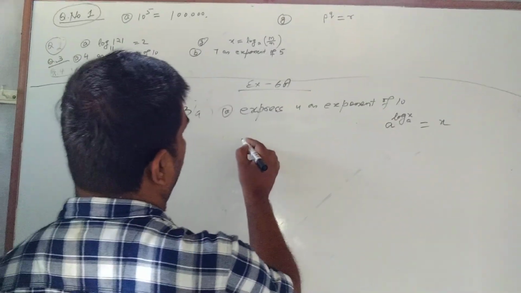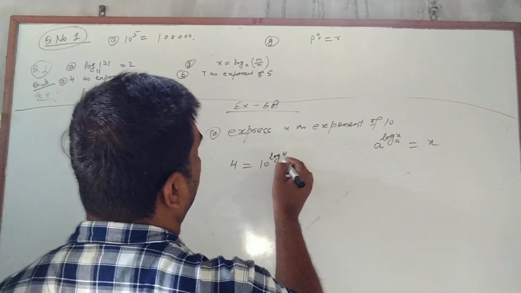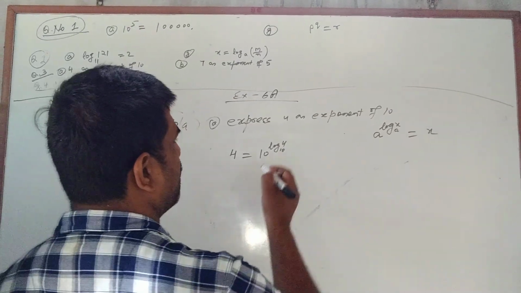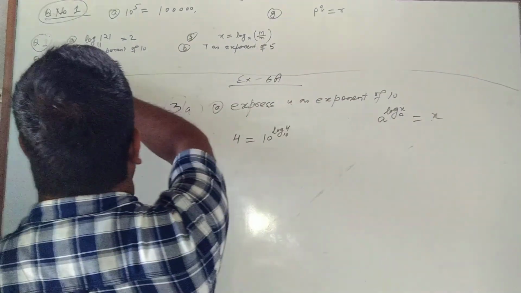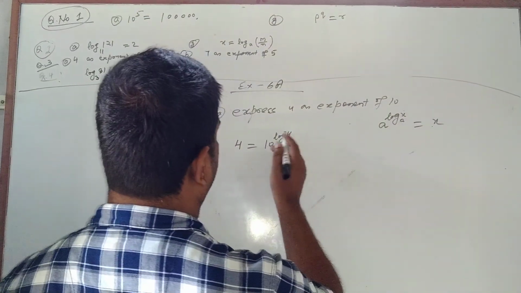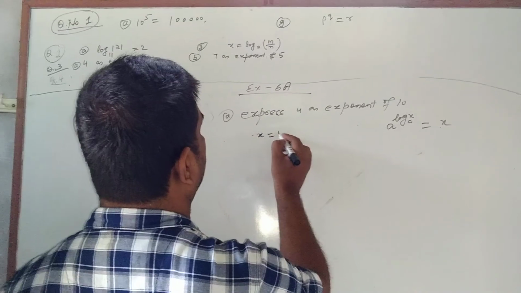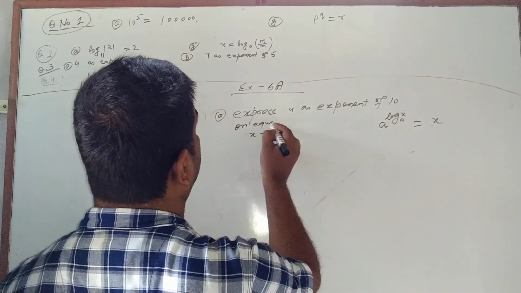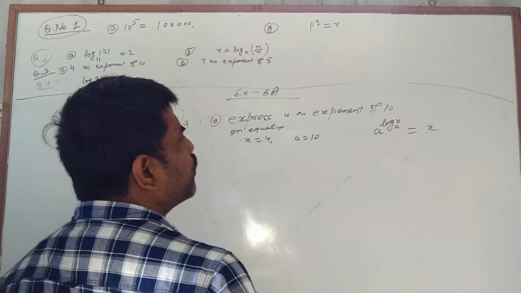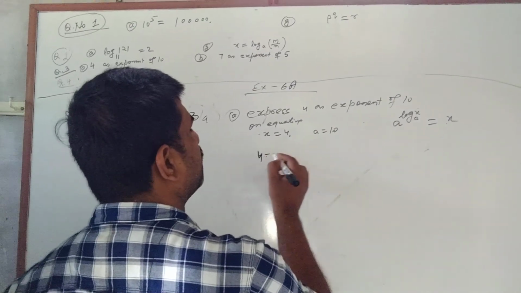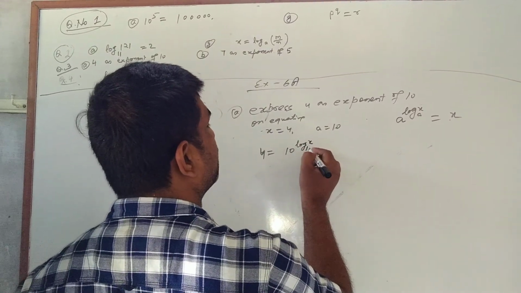So we have to express 4 with base 10. You just take log 4 base 10. Comparing with this formula, in place of x we take 4, and a is 10. So if you put the values, 4 will be nothing but 10 to the power log 4 base 10.